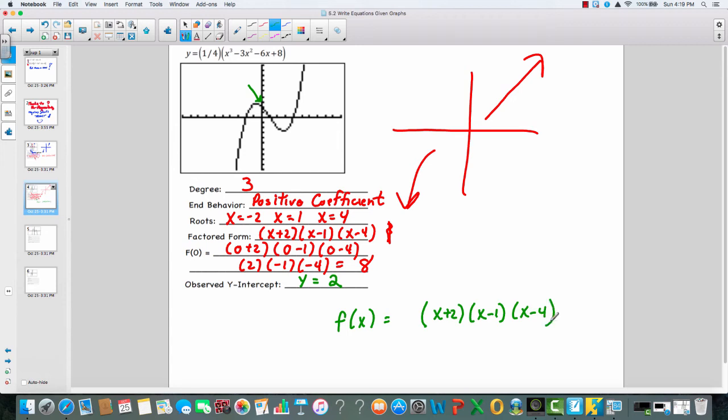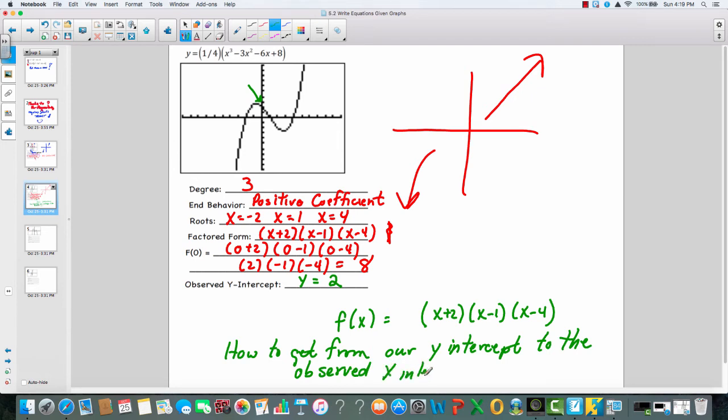You now have to ask yourself, how did you get from our y-intercept to the observed? Okay? How do you do that? Well, how do you go from our guy, which was 8, to what we see, which is 2?